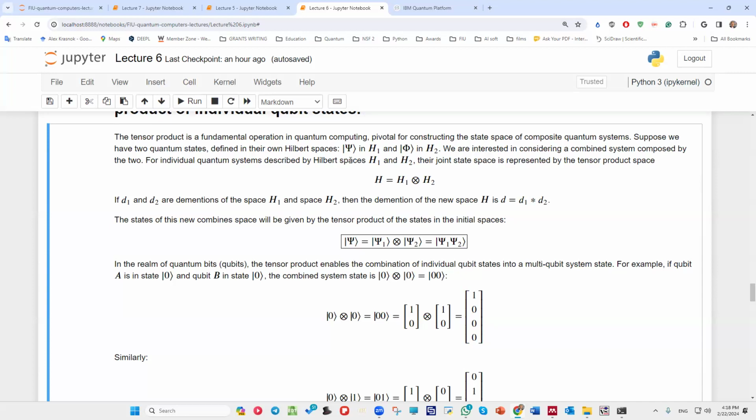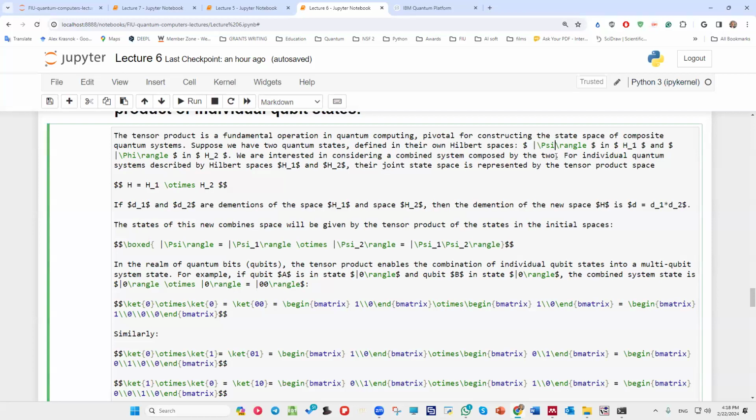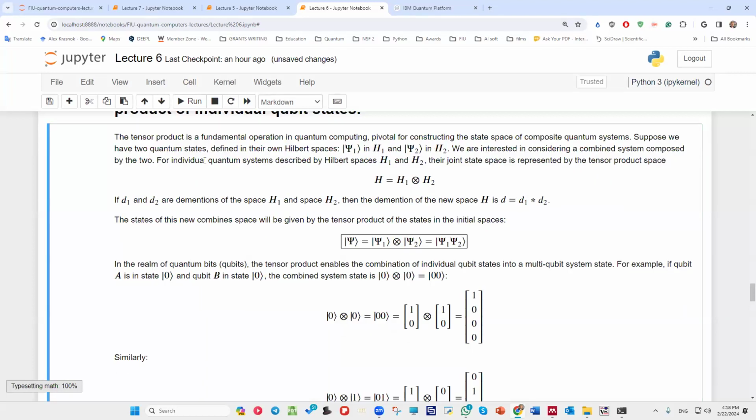So the formulation of this is as follows. Suppose we have two systems. One is described by the state vector psi 1 in Hilbert space H1, and another one described by psi 2 in the Hilbert space H2.